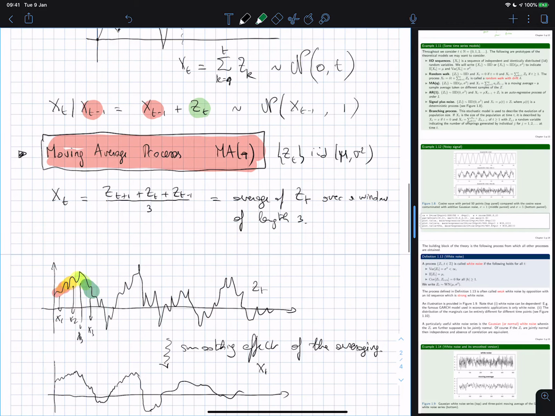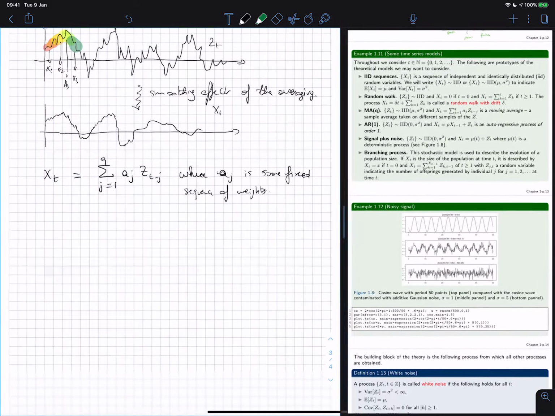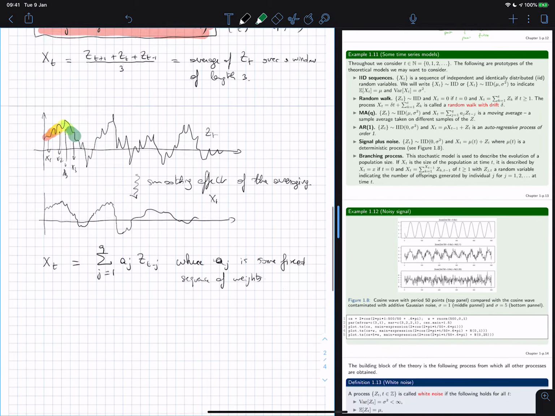These moving average processes we will be studying quite a lot, because as we will see, they are building blocks of our theory.